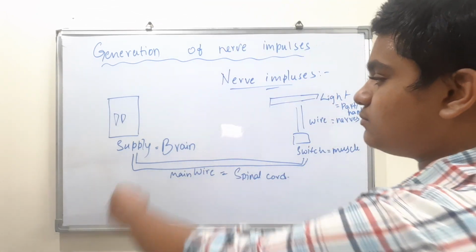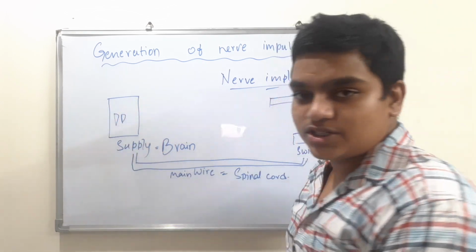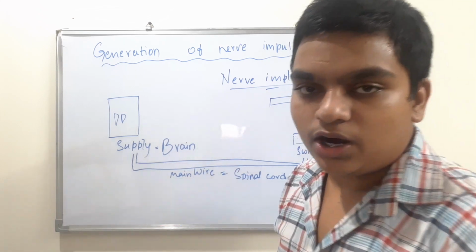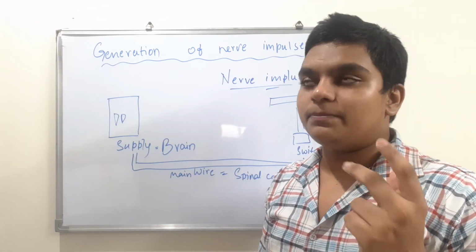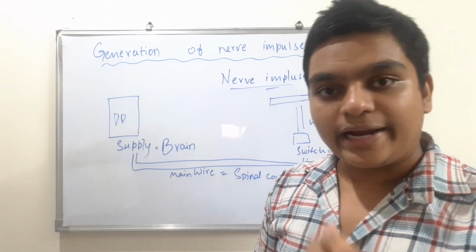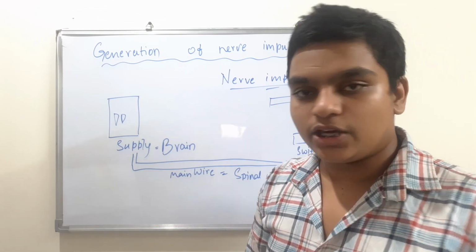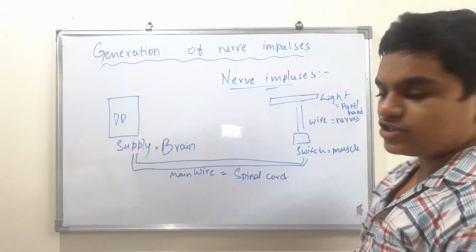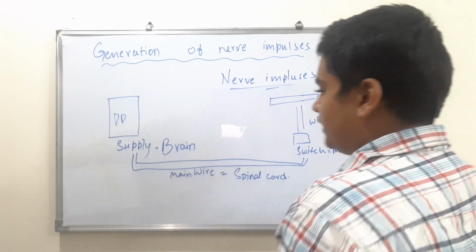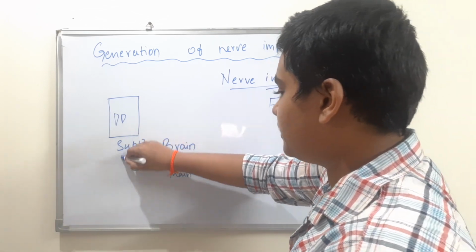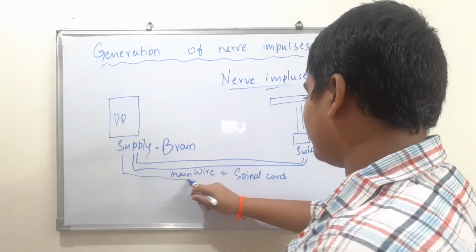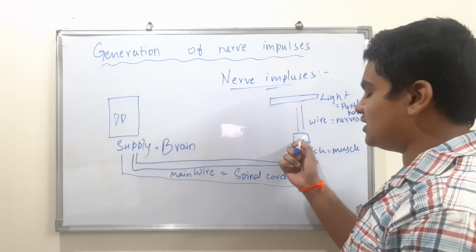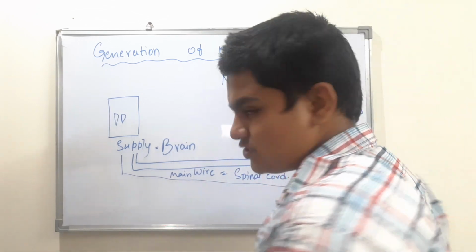Now, if you turn on the main switch, in order to make the bulb or light glow, we have turned on the main switch. Then the current flows from the main switch through the main wire to this light switch.